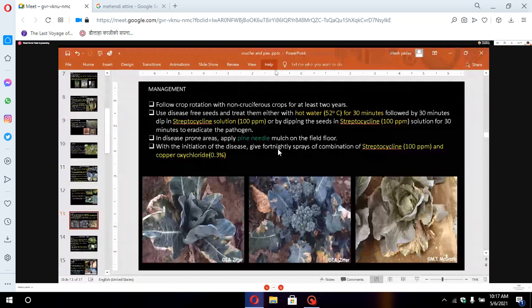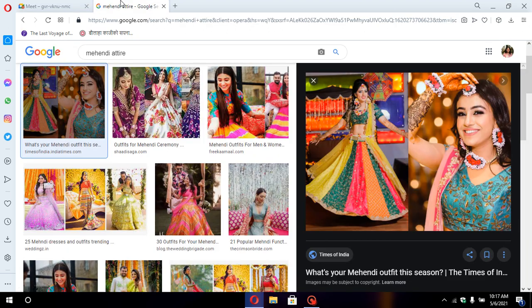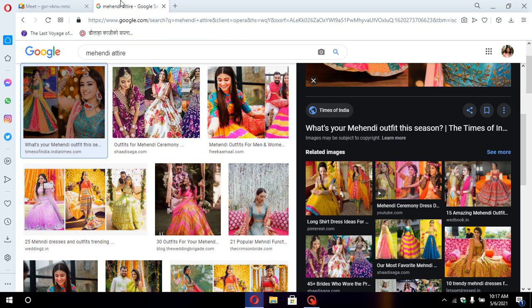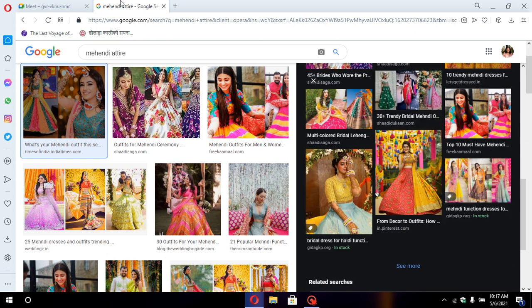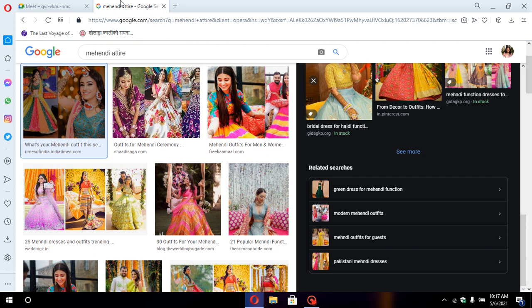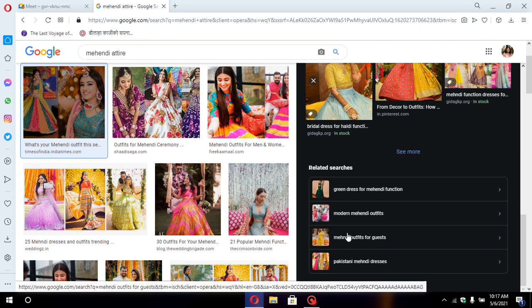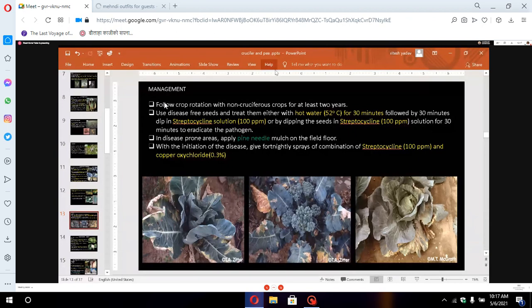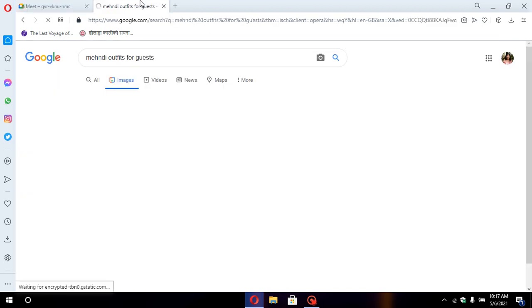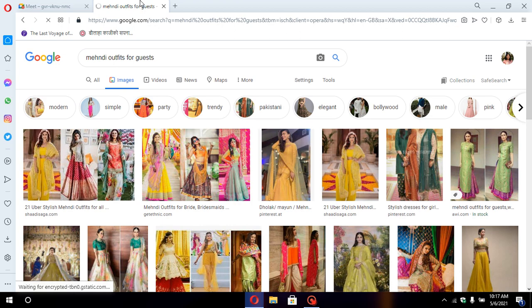Crop rotation is there in its place, but that is not always practical, that is not pragmatic. We say use disease free seed, certified seed, but there is no guarantee that certified seed is disease free. So where there is a history of this disease in the crop, we recommend seed treatment with streptocycline, a commercial product.